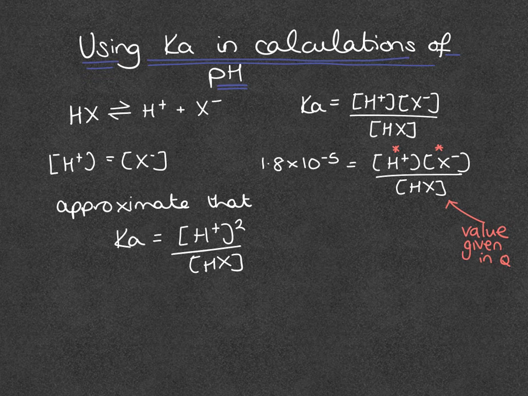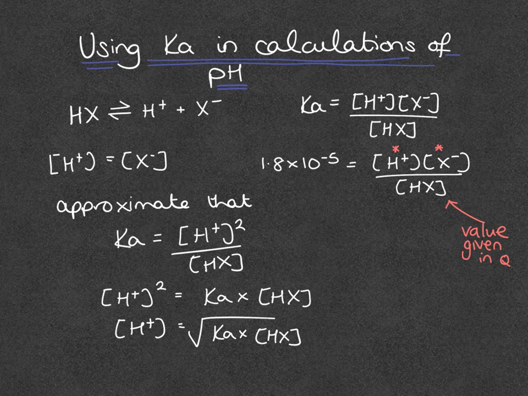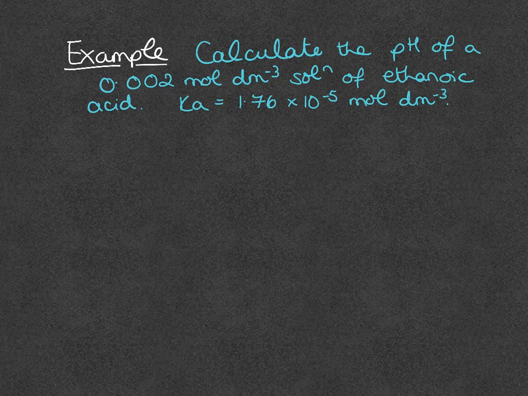So that means if we wanted to work out the concentration of H+, then H+ squared is equal to Ka times the concentration of HX. And therefore, if you want the concentration of H+, then we do the square root of Ka times the concentration of HX.